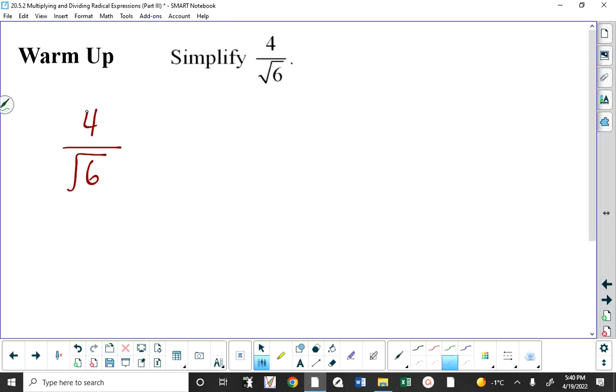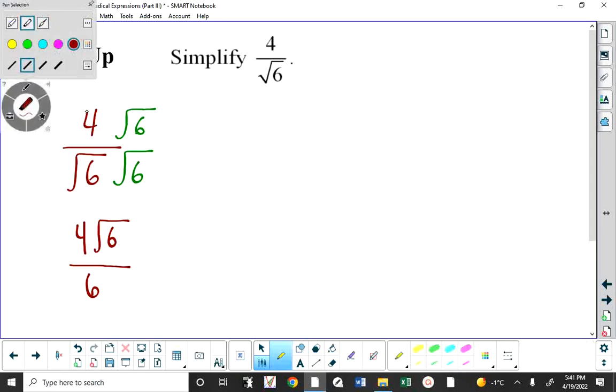But one of the important aspects of yesterday's work is knowing that you have to rationalize all denominators. So what we would do here is multiply top and bottom by root 6, get 4 root 6 on the top, and get 6 on the bottom. We get 6 in the denominator because root 6 times root 6 is 6.